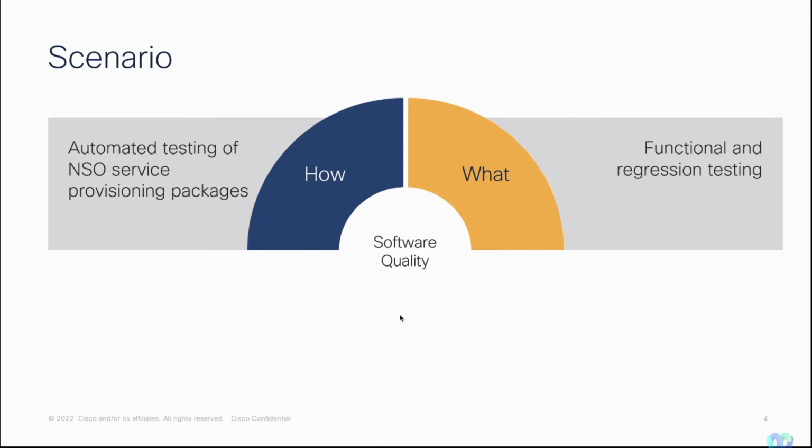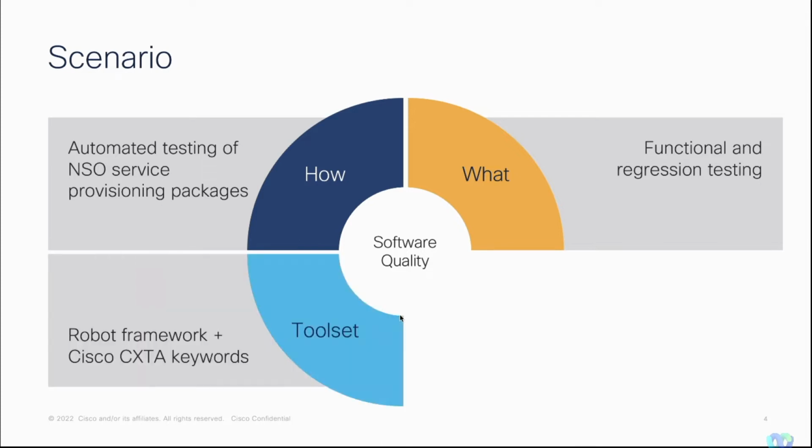They are mostly functional and regression testing. Functional because we wanted to verify that the packages that we develop actually satisfy the requirements. And also that any feature that is developed does not break something that was working before.